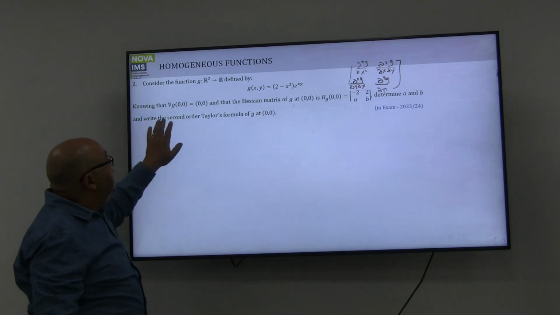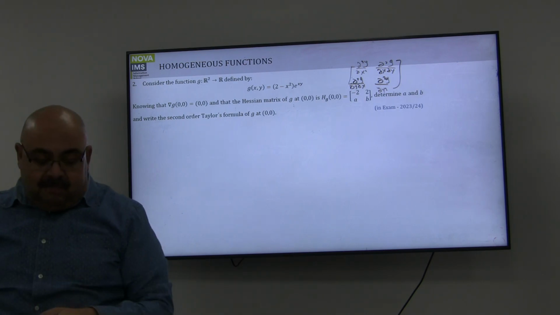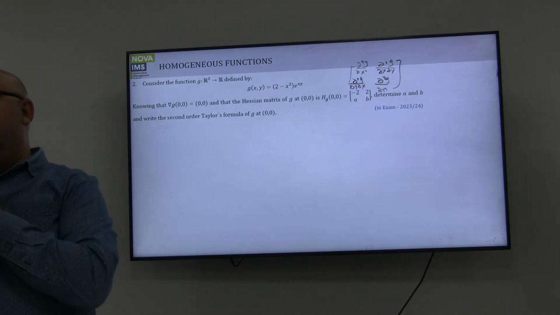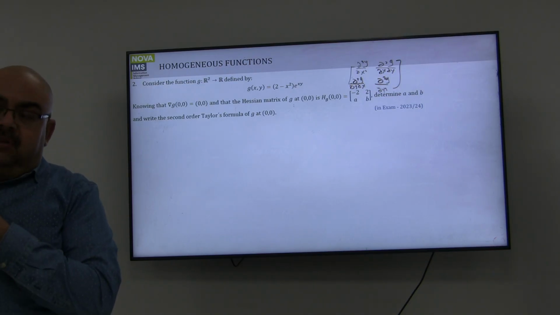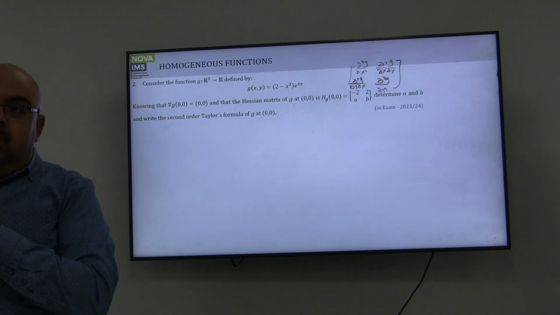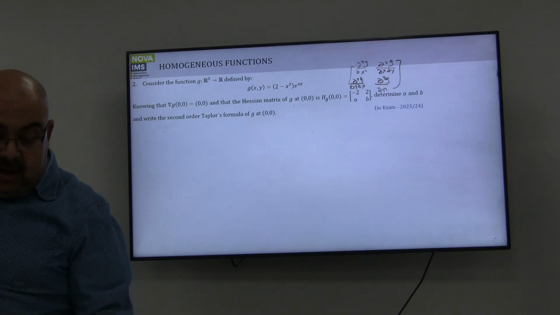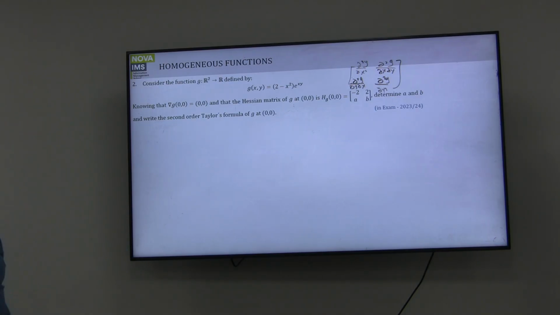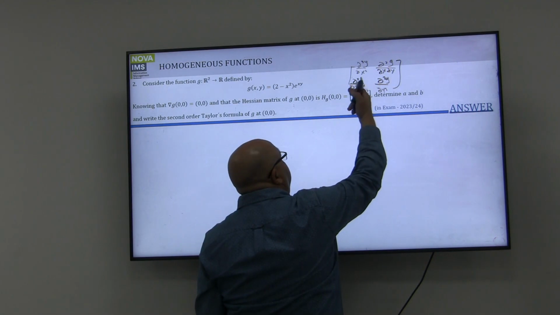Then write the second order Taylor's formula. So in this part, it's connecting the chain rule, or the knowledge of how to connect the first derivatives with the Hessian matrix, second derivatives, and the Taylor expansion in multivariable functions. So Miss Judy, I will start step by step, taking advantage of this matrix.